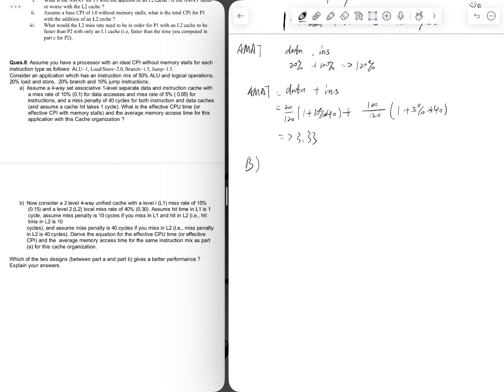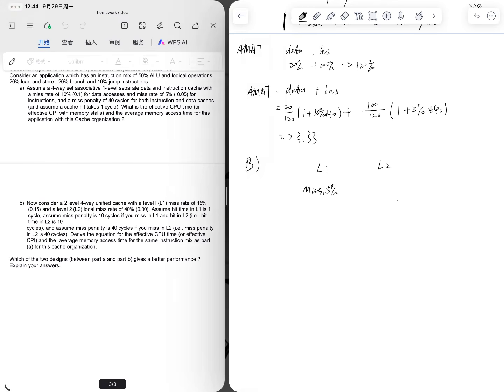All right, let's go to part B. Two level, right? So we will have two cache levels. L1 miss rate is 15%, and for L2, I think it's a typo, it's 40%.